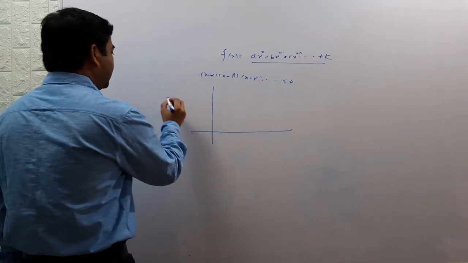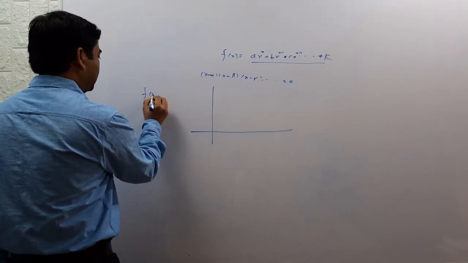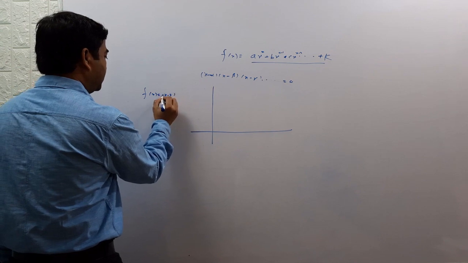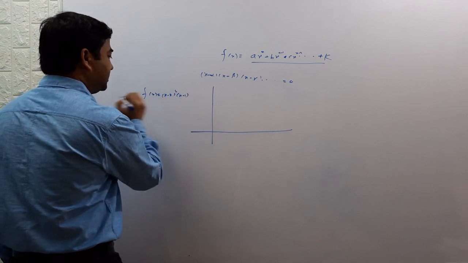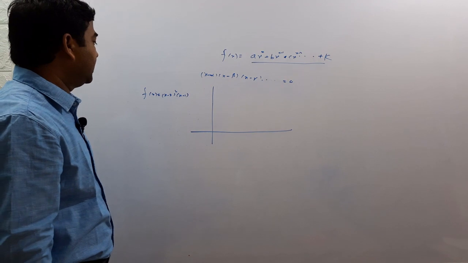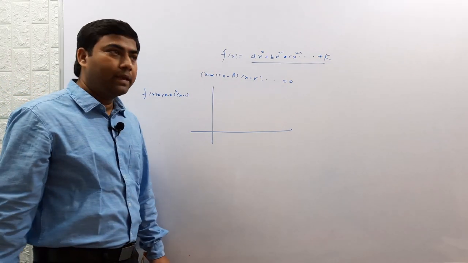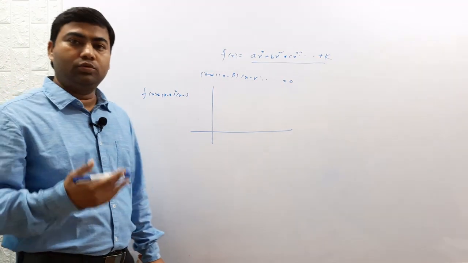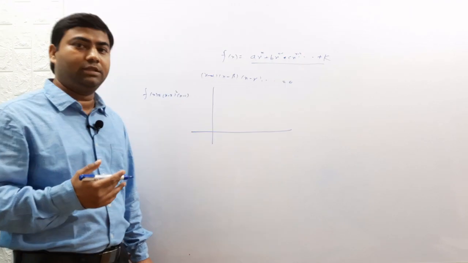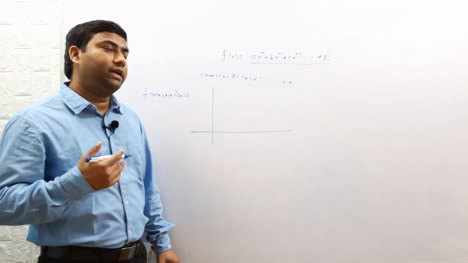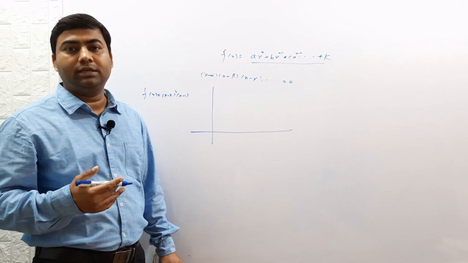See, for example, f(x) is equal to (x minus 2) squared into (x minus 1). There is a rule of multiplicity of the roots. Multiplicity of a root is how many times that root is repeated in a function.